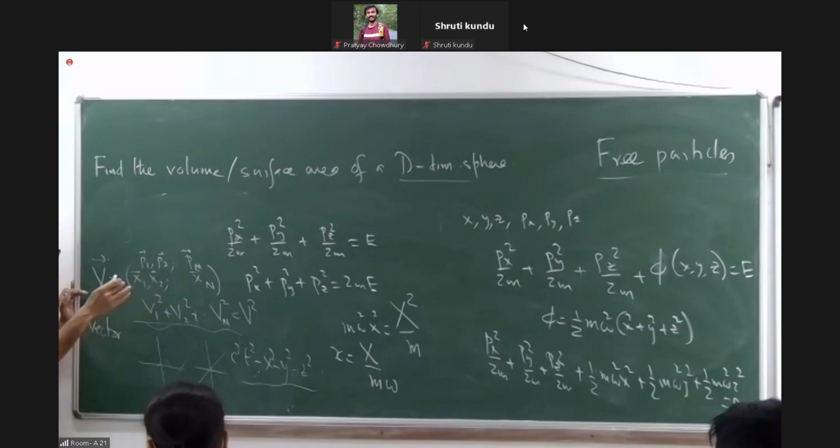And then how do I draw the state? The whole point which we have been talking about in this dynamics is that the state is a point in the phase space. So how many dimensions does this phase space have? It has 6n dimensions if I have n particles moving in a three-dimensional space. It has 4n dimensions if n particles are constrained to lie on a plane, and 2n dimensions if the particles are constrained to lie on a line.